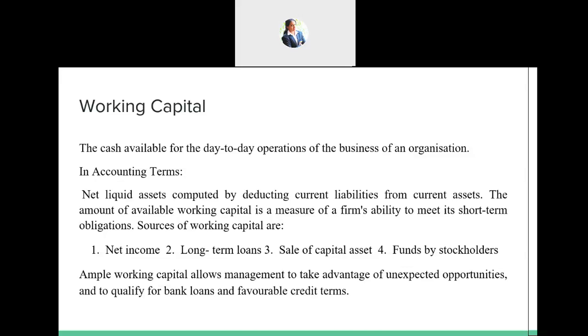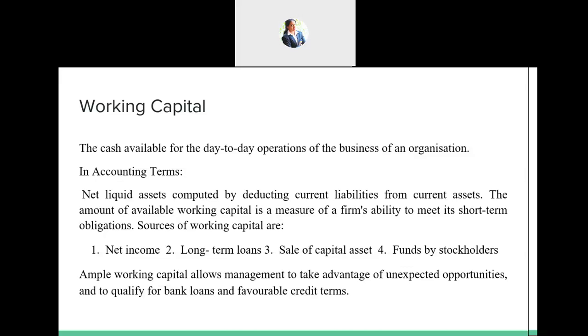Now, this working capital always tells how good a company is at meeting its short-term obligations. Speaking of short-term obligations, current assets and current liabilities are both always referred to as short-term.